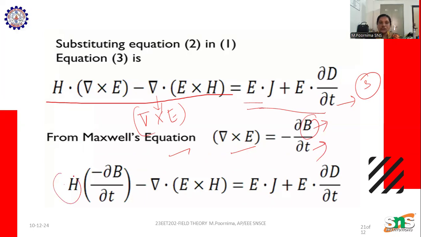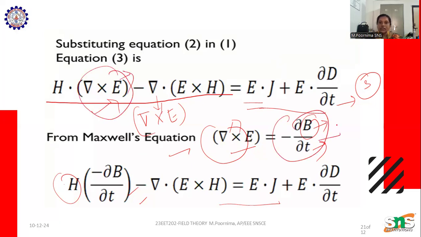Replacing this value, we get the resulting equation.